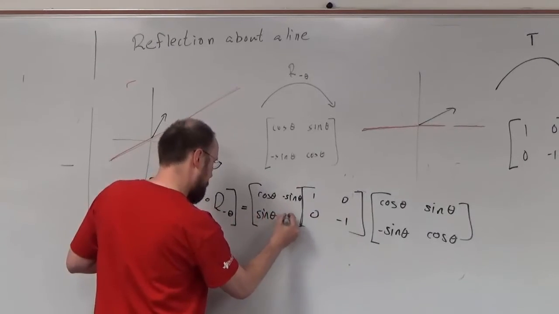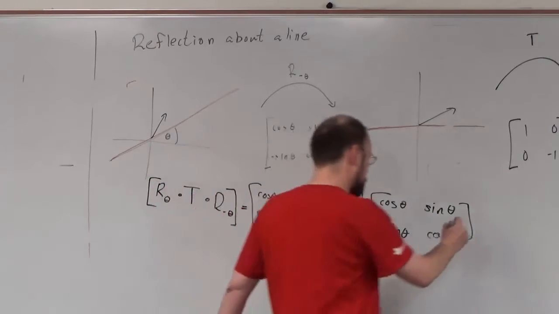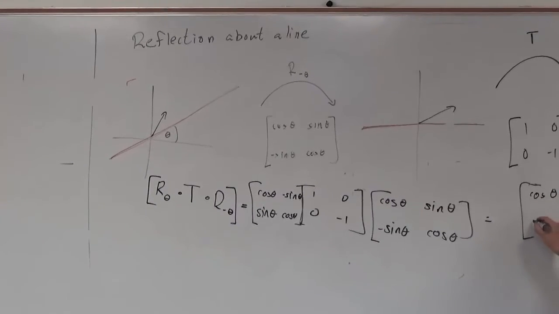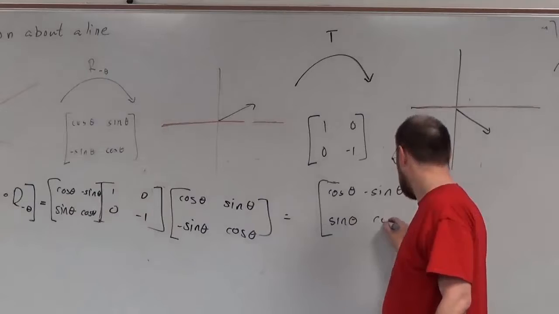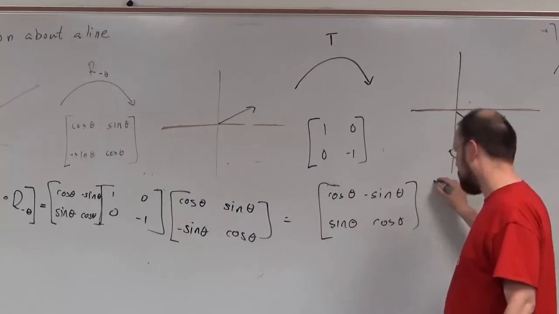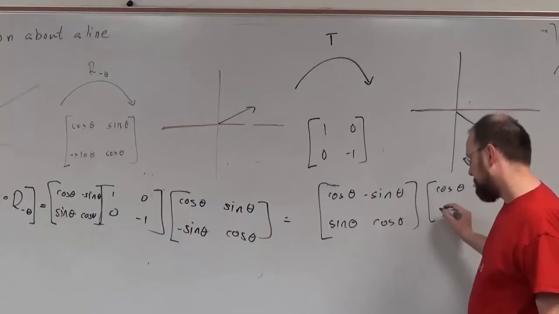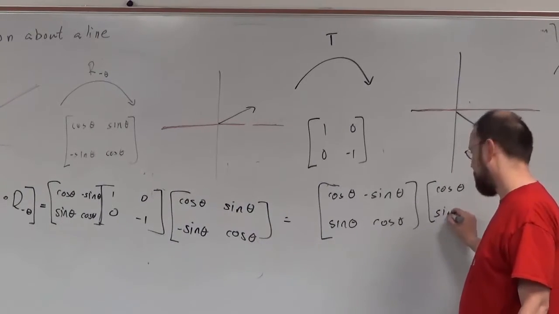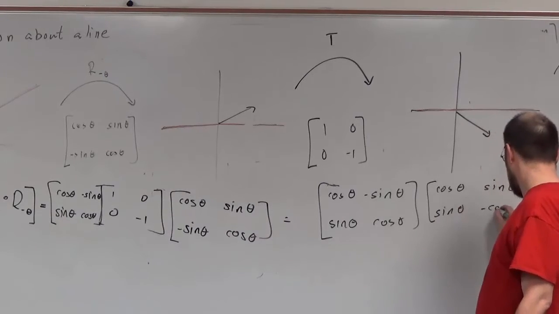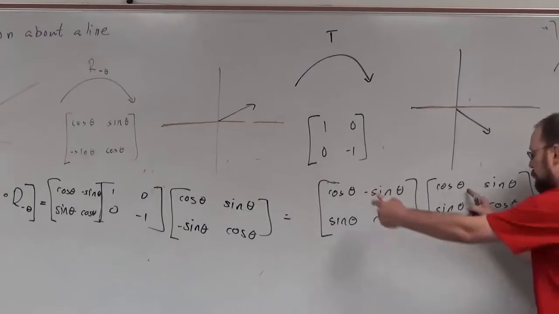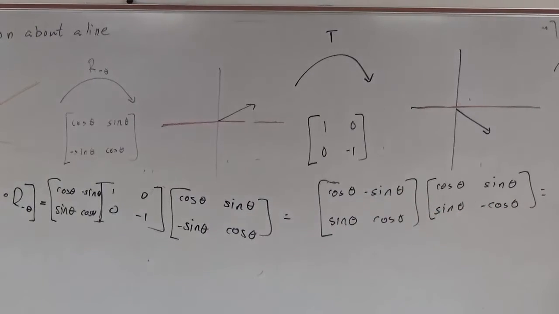Okay. So then we multiply this thing through. Let's see what we get. Cosine, sine, sine, negative cosine. Okay, so then we get cosine squared minus sine squared.